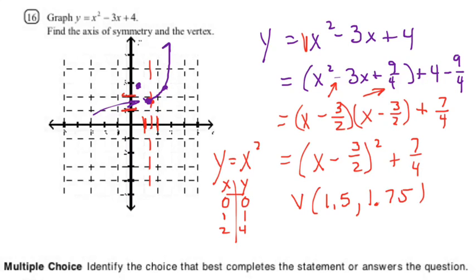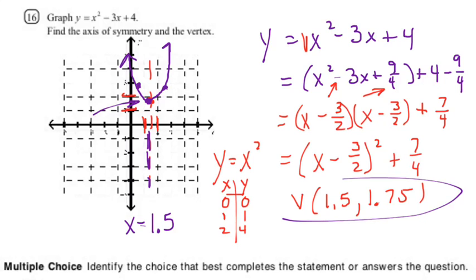My graph paper isn't very good in this PDF or this JPEG, so I'll just have to draw it like that. Find the axis of symmetry. I've already drawn it in there with that dotted line, but that's the equation: x equals 1.5. And the vertex is given right here.